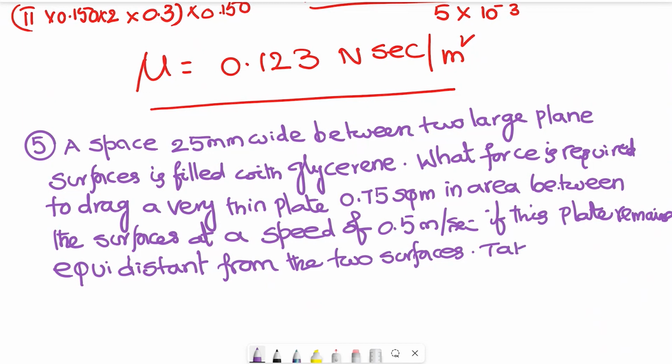Take mu is equal to 0.785 Newton second per meter square.